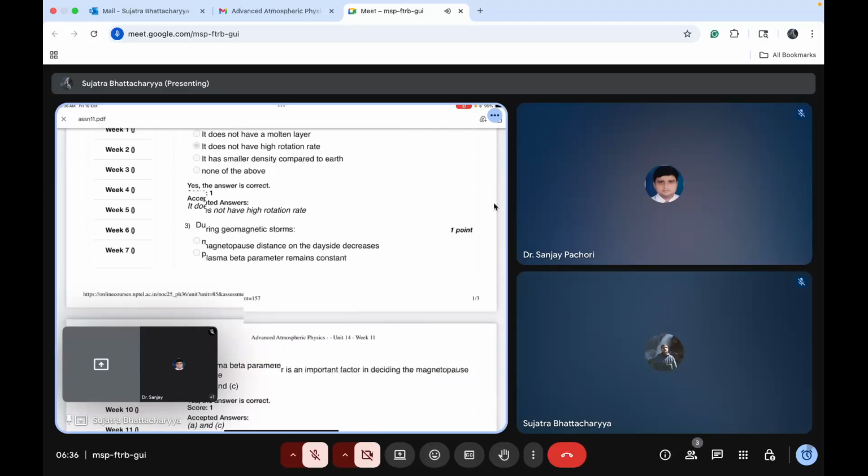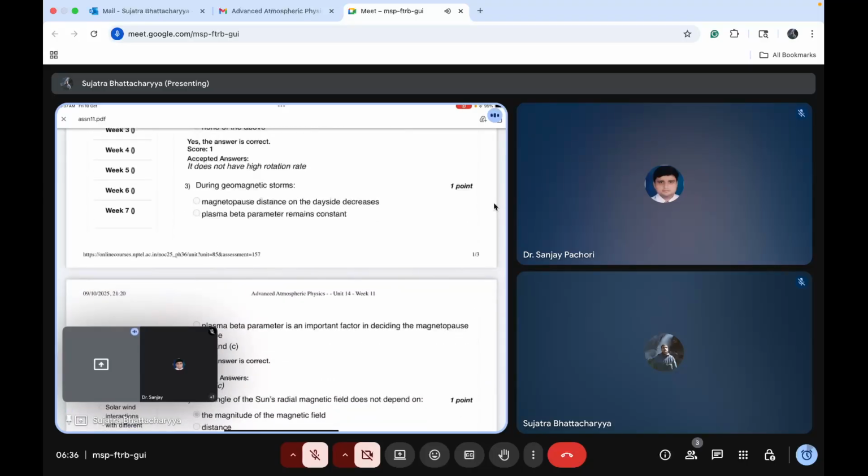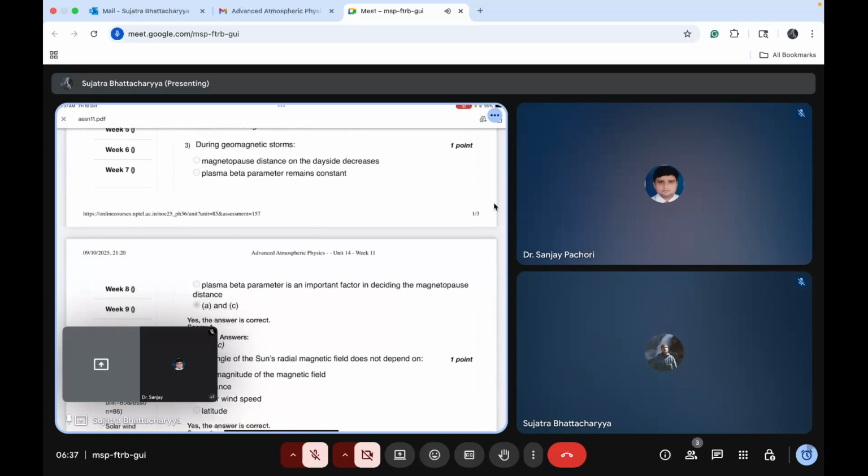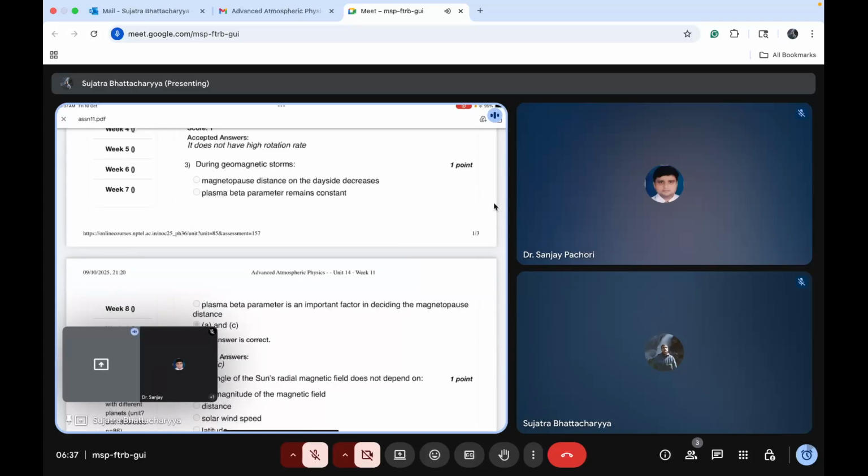Next is, during geomagnetic storms. We will discuss a little bit about the geomagnetic storm today. Geomagnetic storms are somewhere related to the sun's activity, the solar activity.